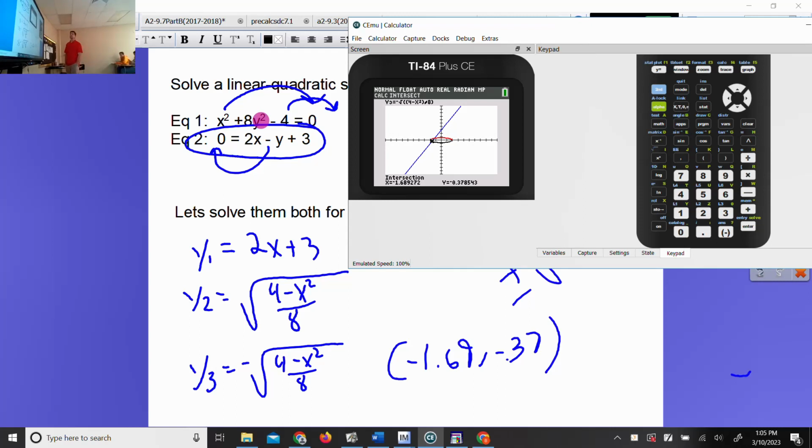So that was blue and black. What's left to do? Blue and red. So back to second trace, 5. Get your cursor close to blue and red, and then press enter. Pay attention. Did your calculator jump where it needed to?